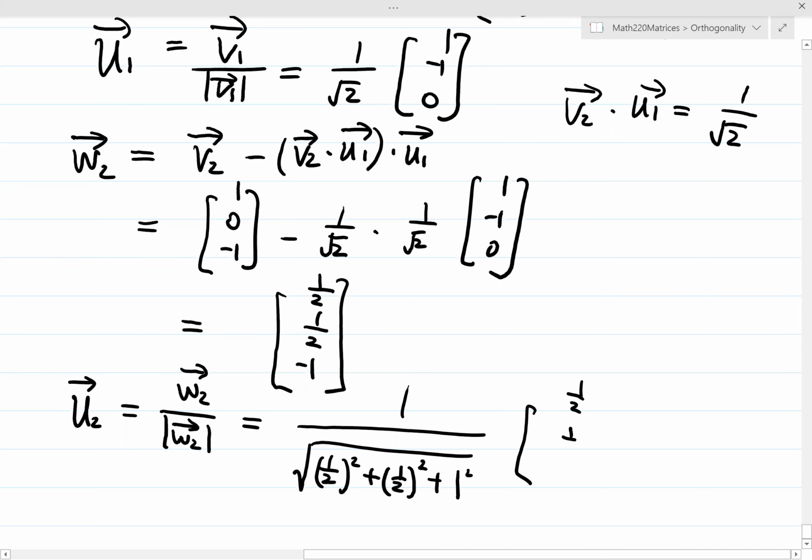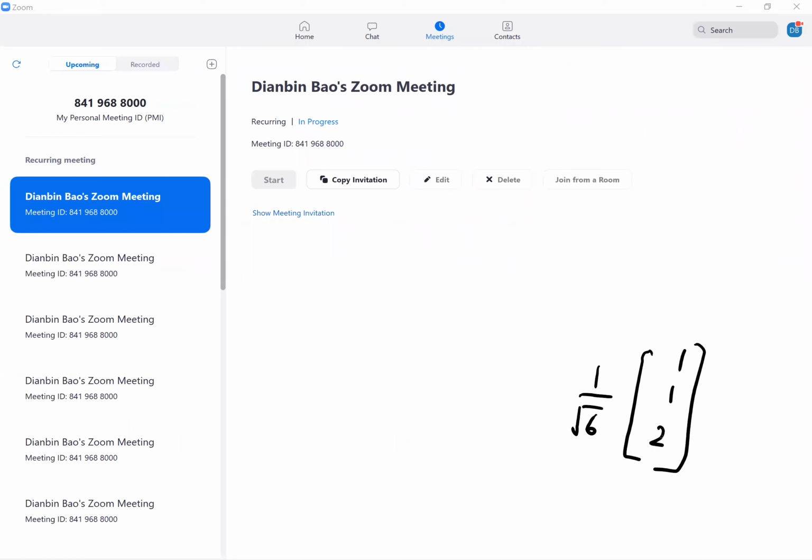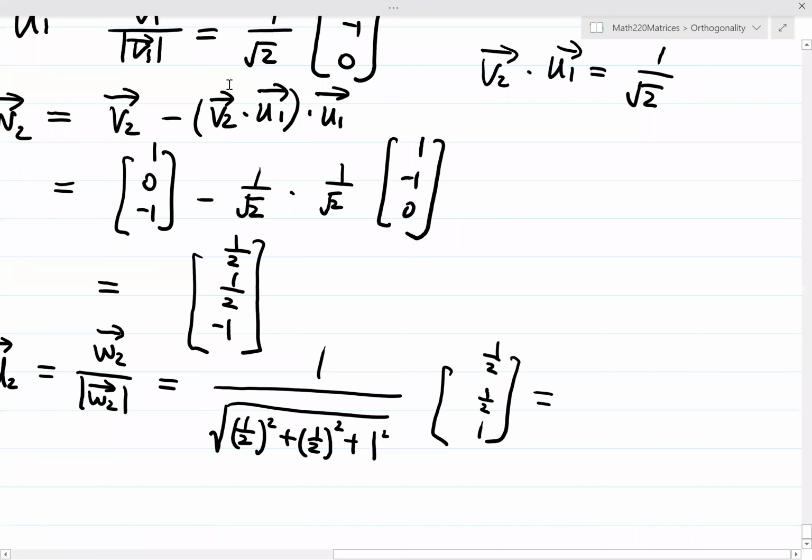Working this out by algebra, you get 1 over square root 6, 1, 1, negative 2. So we have found U2.